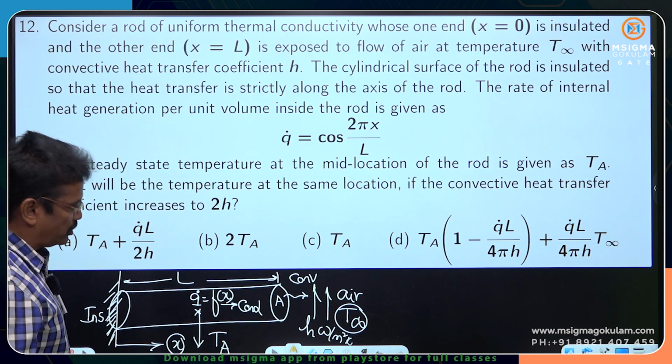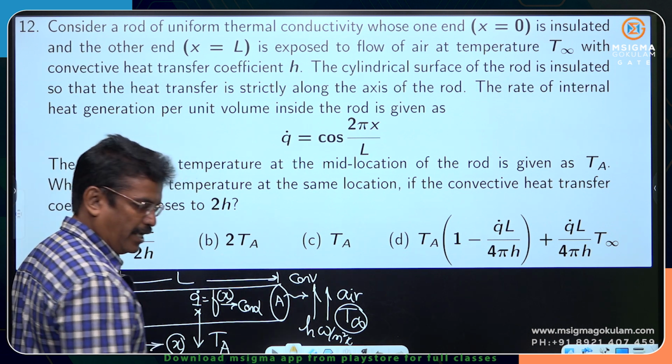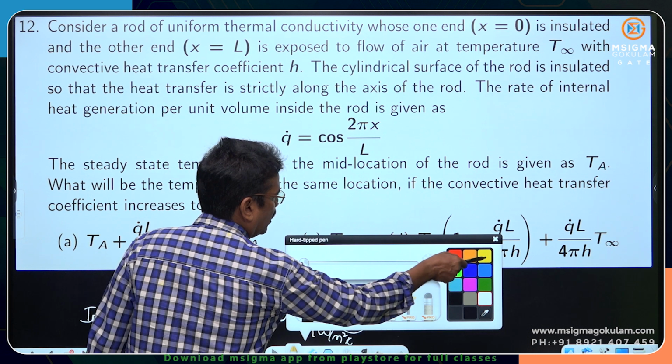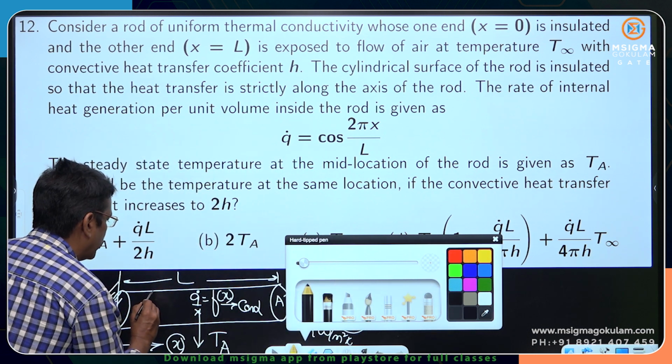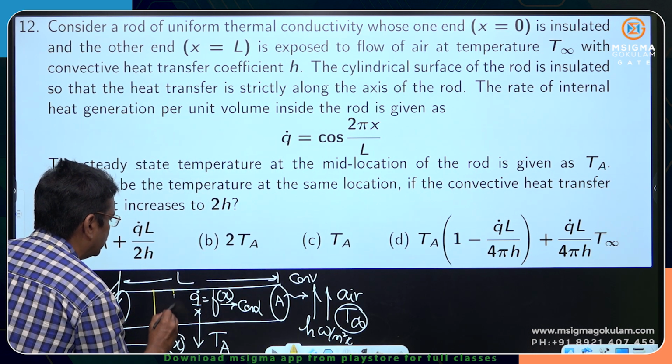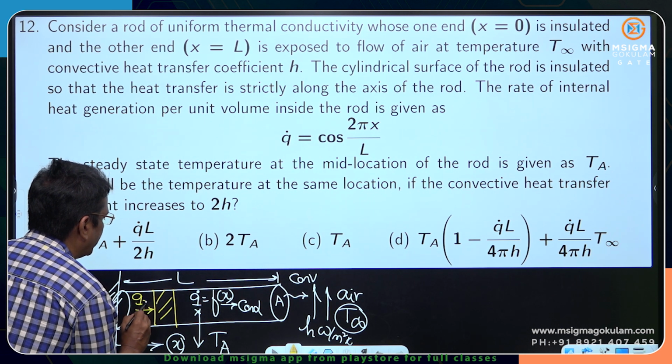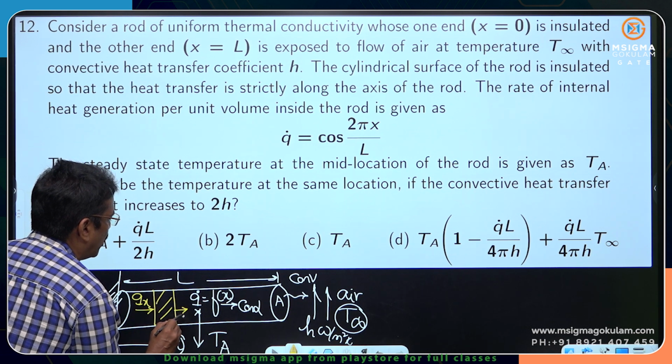So this is a situation for which I consider an energy balance. I will consider a small differential element of length dx. What is the heat entering, and what is the heat conducted out?